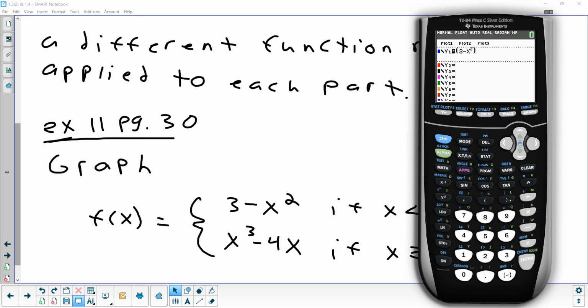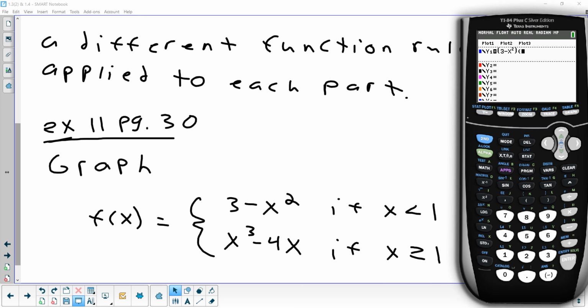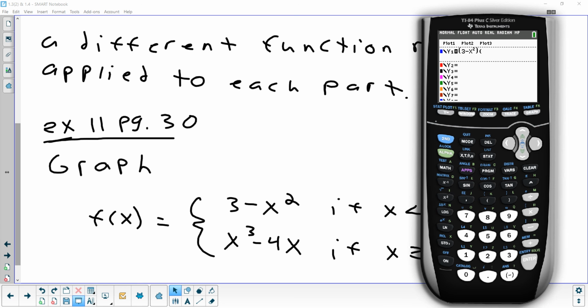The next step is, in parentheses right next to it, type in x is less than 1. And I'll show you how you type less than. First you're going to press X. And then to get the less than button, you're going to press second, math. If you press second, math, it'll bring up this menu you see on the screen. And you get a less than right there. Mine is number 5.